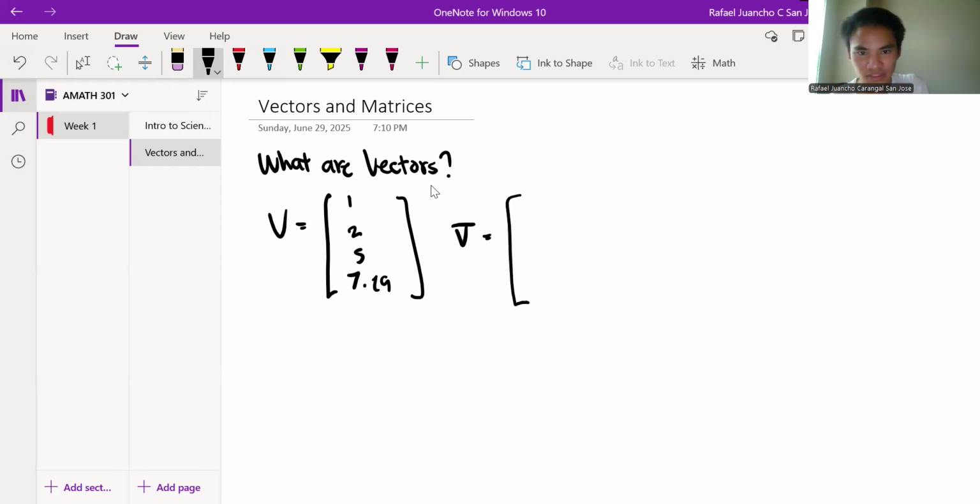More generally, this is a vector: v1, v2, all the way to vn. You have values in there, all the way to n. And for this vector, we have this notation: the vector belongs to R^n, the set of all real numbers with dimension n.